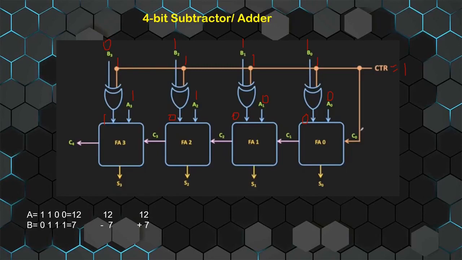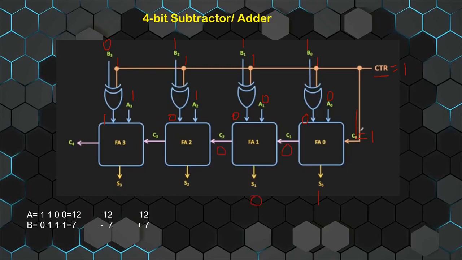So the initial input will be 1. The same thing will be carried. What the input that we gave to control will be carried as the initial input. So 0 plus 0 is 0, plus 1, it is 1. Carry will be 0. 0 plus 0 plus 0, it is 0.